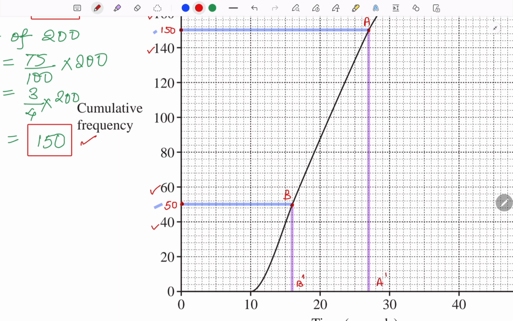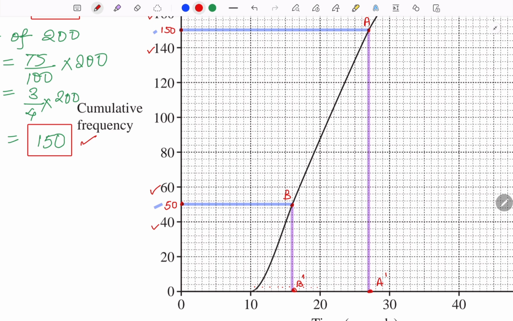Okay. Now the next part is to find out what these points are. So for that we need to count the boxes here. Here we have 1, 2, 3, 4, 5, 6, 7, 8, 9 and 10 boxes. 10 boxes and the time duration is also 10. So each box is 1 unit worth of time.